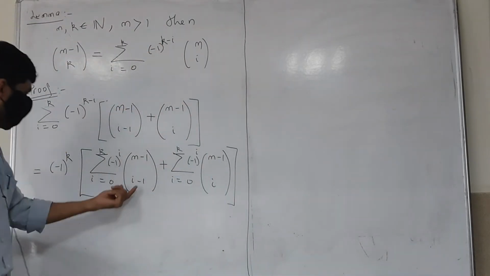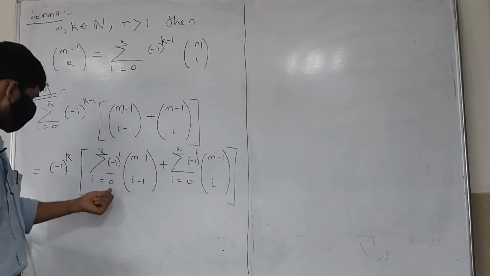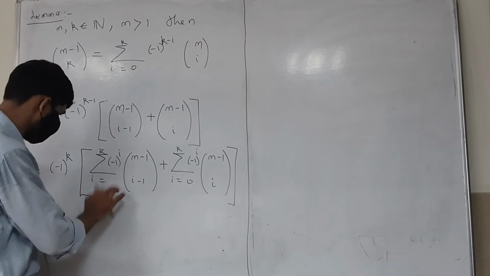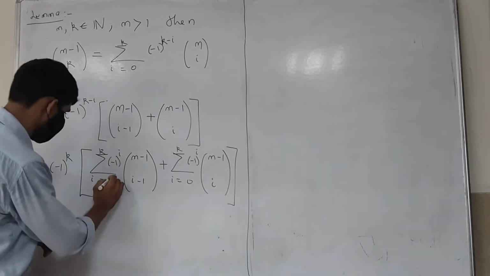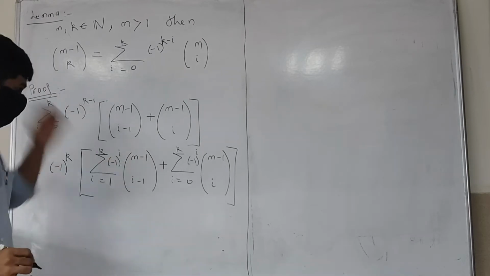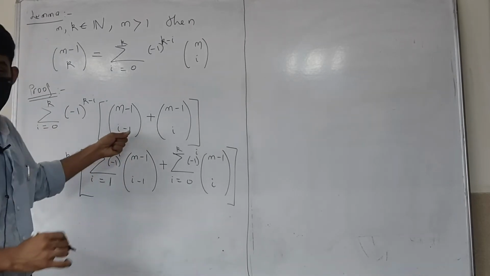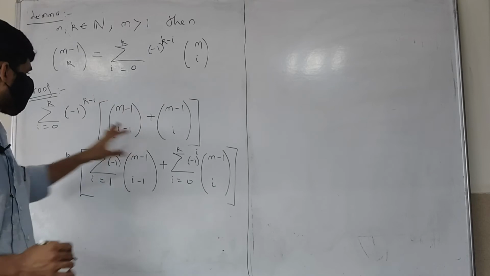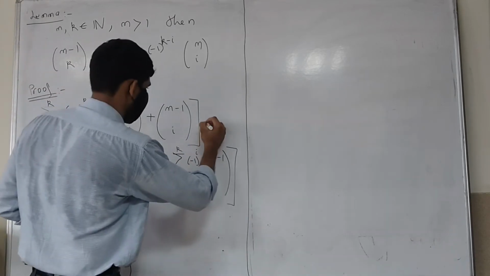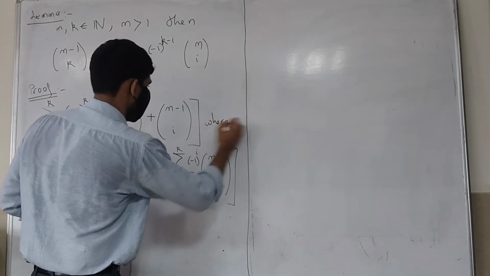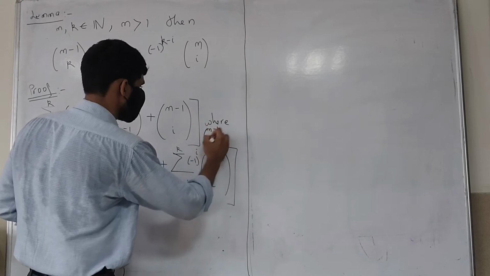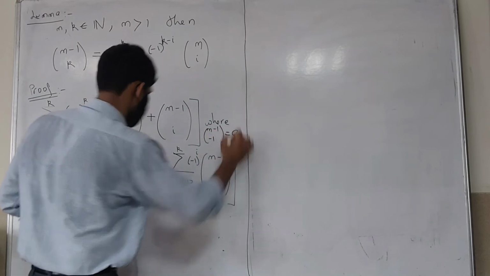There is no harm in doing that. So you can just go from 1. Let me make that assumption, where (m minus 1) C minus 1 is 0.